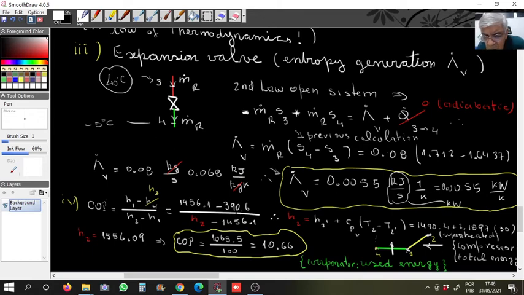Because T2 is given, I didn't calculate it. And T2 prime is quite easy because it is the temperature at 2 prime, which is 40 degrees. So if I subtract T2 minus T2 prime, it will be 30 degrees. Why? Because you have 70 minus 40.